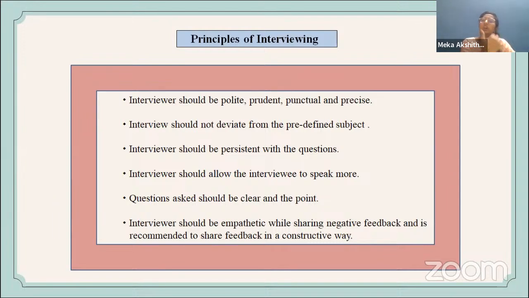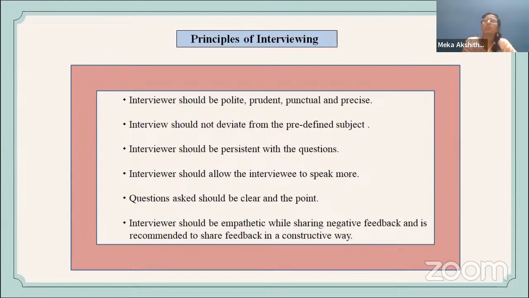You have to give the space for the other candidate to talk. You should not be always active. You should sometimes be passive, and you should allow the candidate to talk. You should allow the candidate to be active, so that you would also know the inputs of the candidate. An interview should not deviate from the predefined subject.